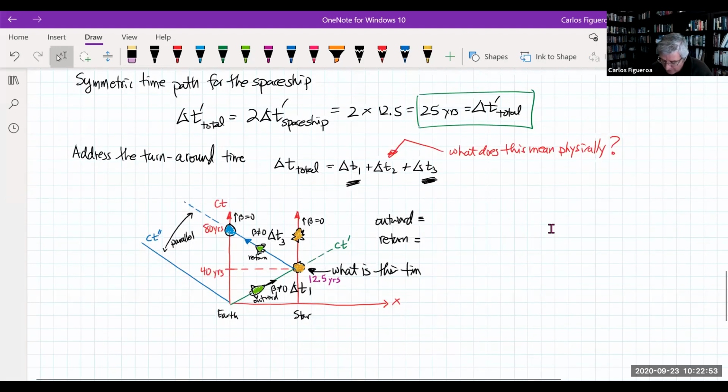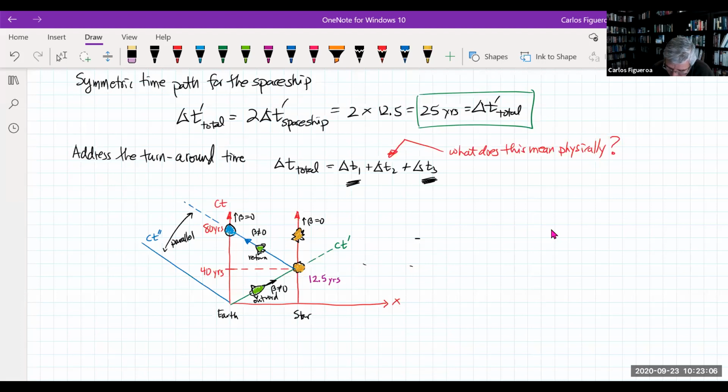And what I really want to do is come in and erase all of this stuff here, and really focus just on this piece right here.